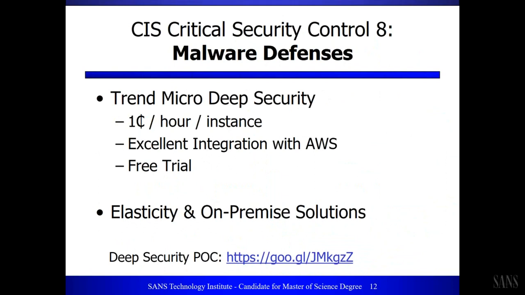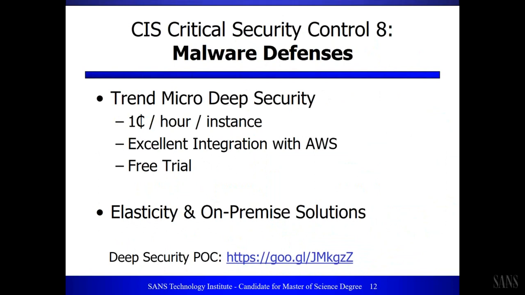And this is something where Trend Micro Deep Security actually shines. During the configuration process for Trend Micro, it's granted an IAM role so that it's aware of the configuration of your AWS environment, and then it updates its management portal accordingly.